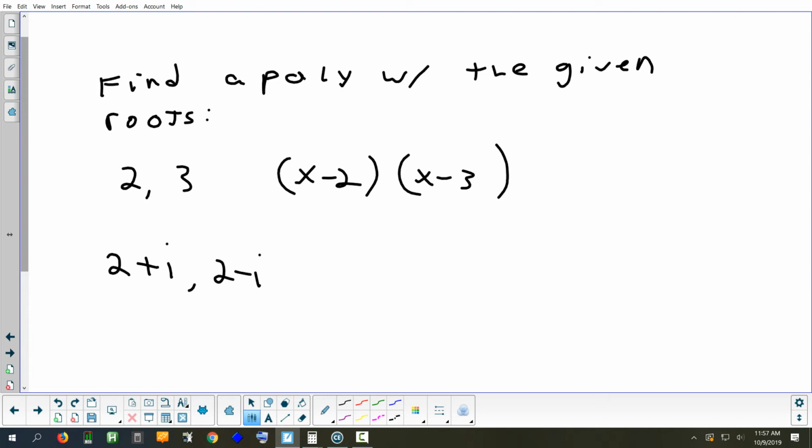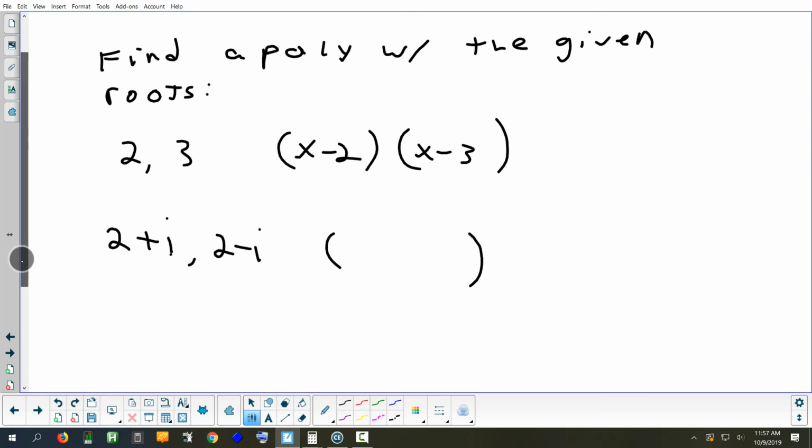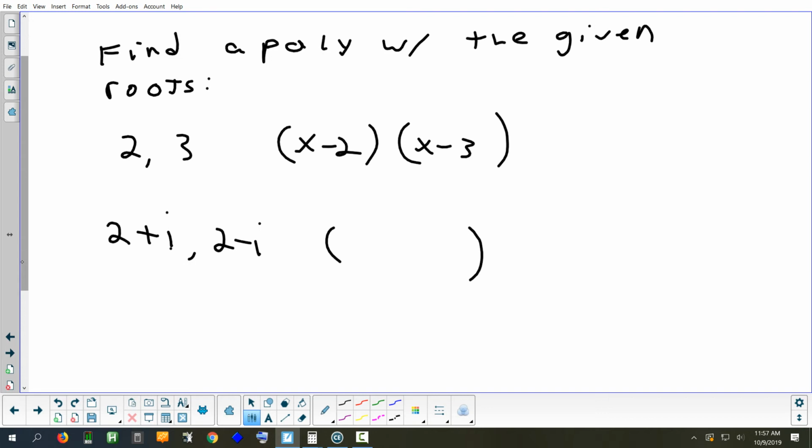Okay, so we're finding a polynomial that has these 2 numbers as roots. First of all, when I FOIL it, what's going to be the degree? 2. 2 roots, degree 2. 2 factors, degree 2. It all goes together. Okay. So x times x gives me what?